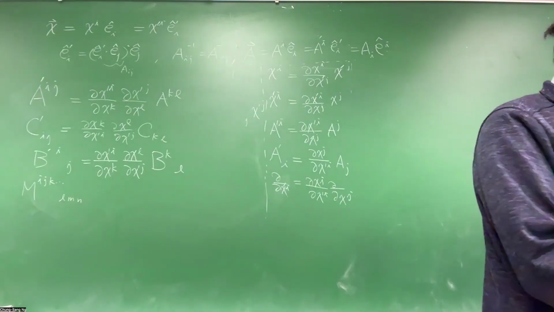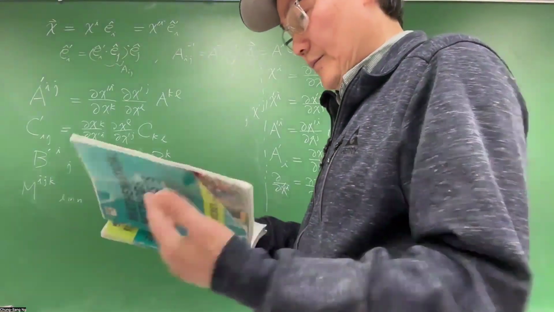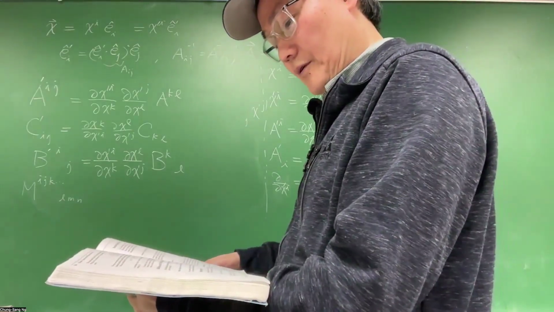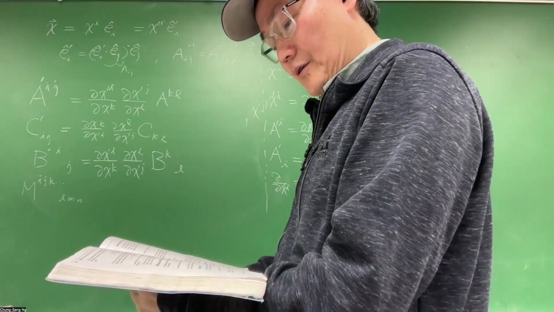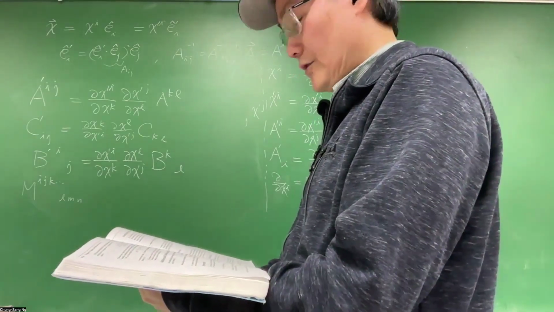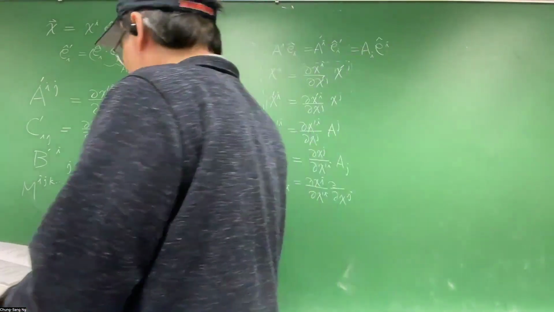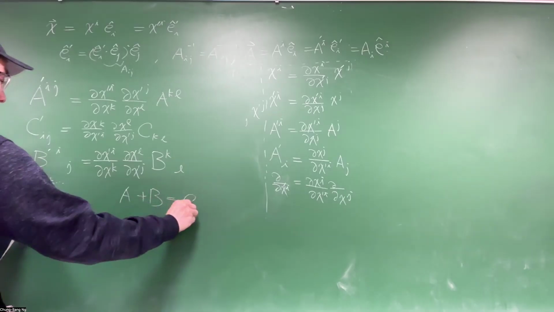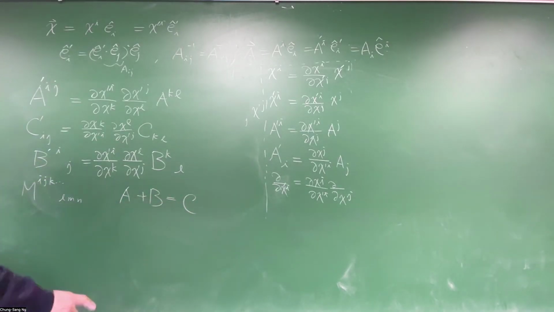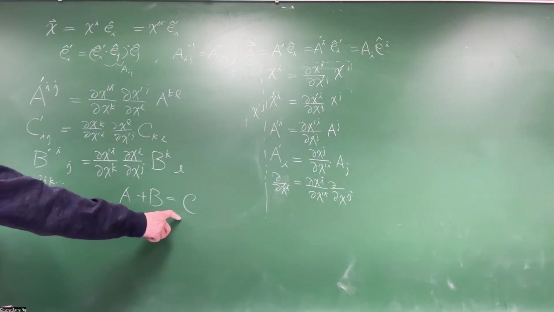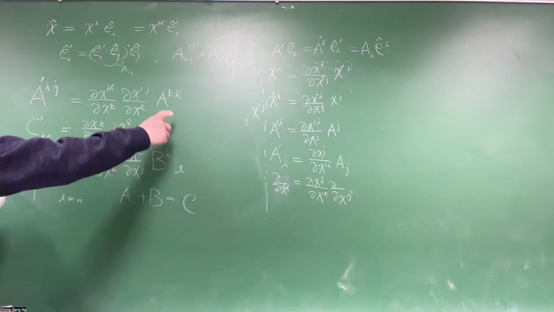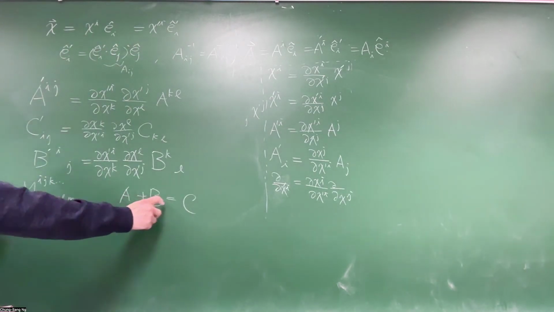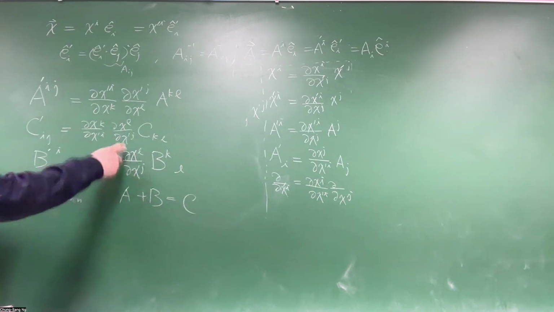And now we can show that by defining all these tensor operations. Clearly, the addition and subtraction is trivial. The text will just give a trivial example: a plus b equals c, where all these are tensors. Then the form of this equation will not change whether you are in the new coordinate system or the old coordinate system, because all of these are transformed accordingly.